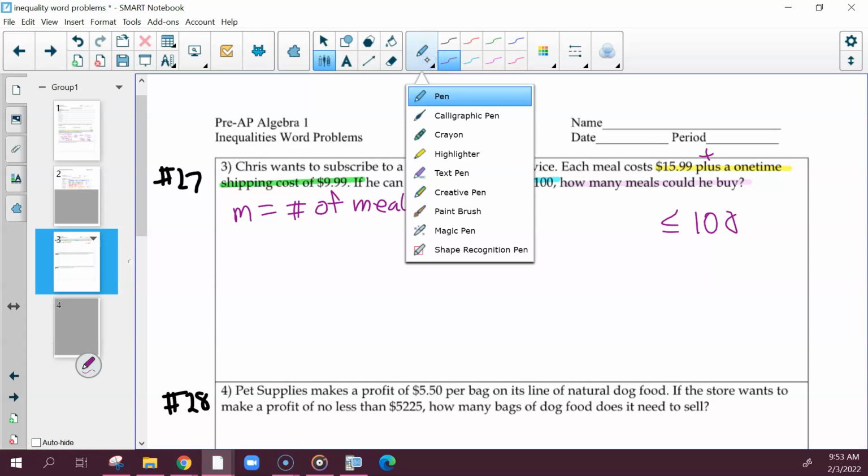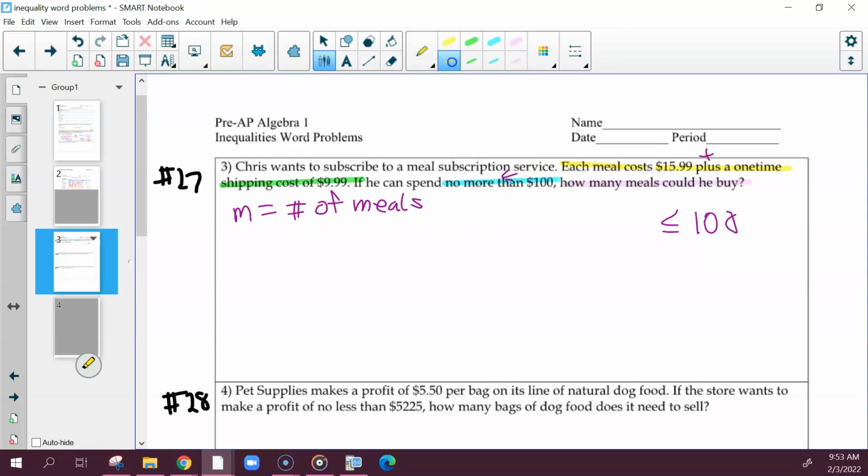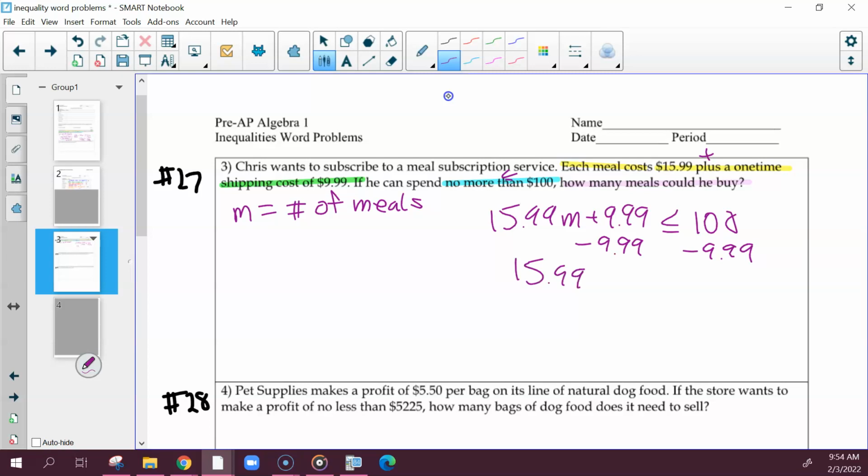I'm going to highlight that. Subtract $9.99 from both sides, and divide.